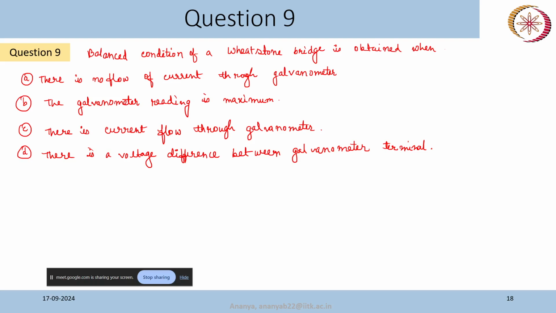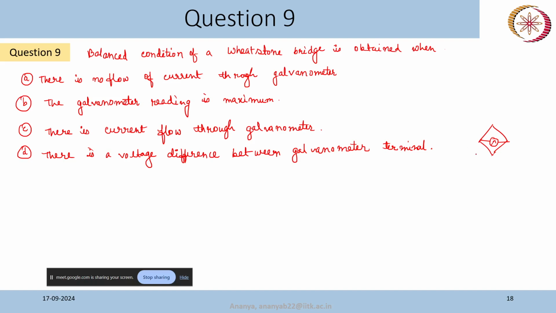So it measures both the value and the direction of current, right? In the case of a Western bridge, we place the galvanometer here. So if there is a deflection, that means there is a current, and the deflection direction gives us the direction of the current also.